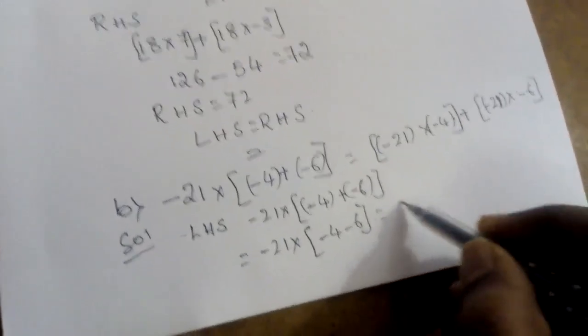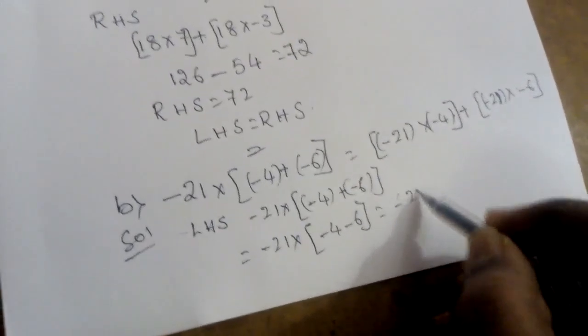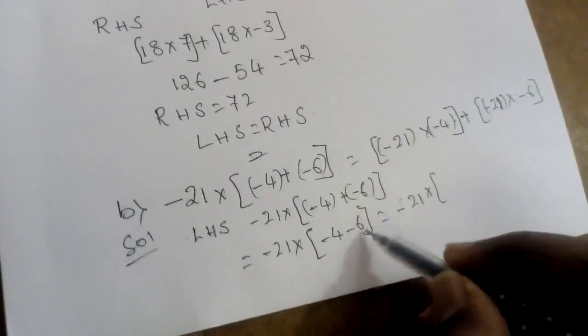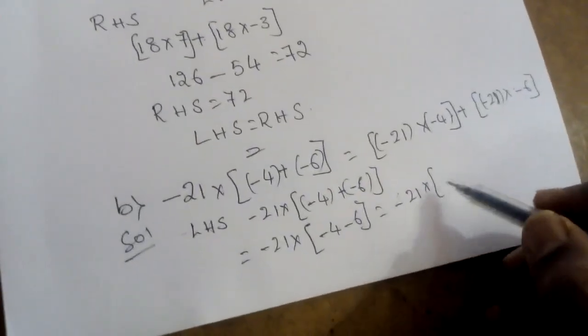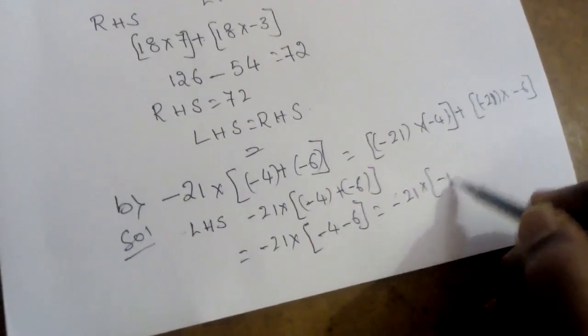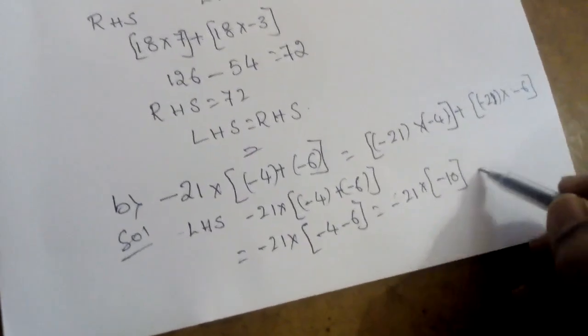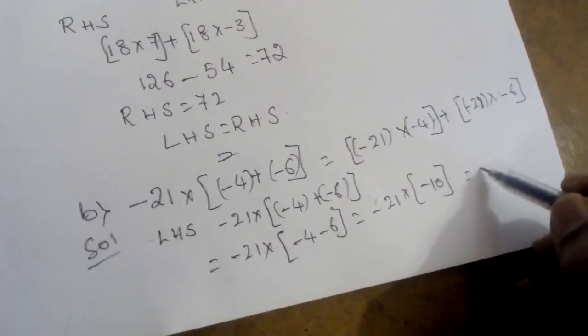That equals to minus 21 into minus 4 minus 6. Both have the same sign, go to addition, so we get minus 10. Go to multiplication, minus into minus is plus, that is 210. The LHS is 210. What about the RHS?